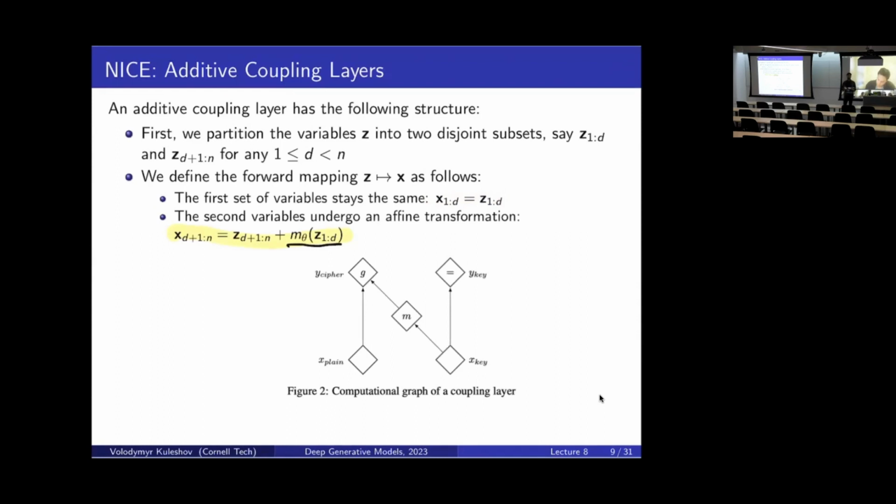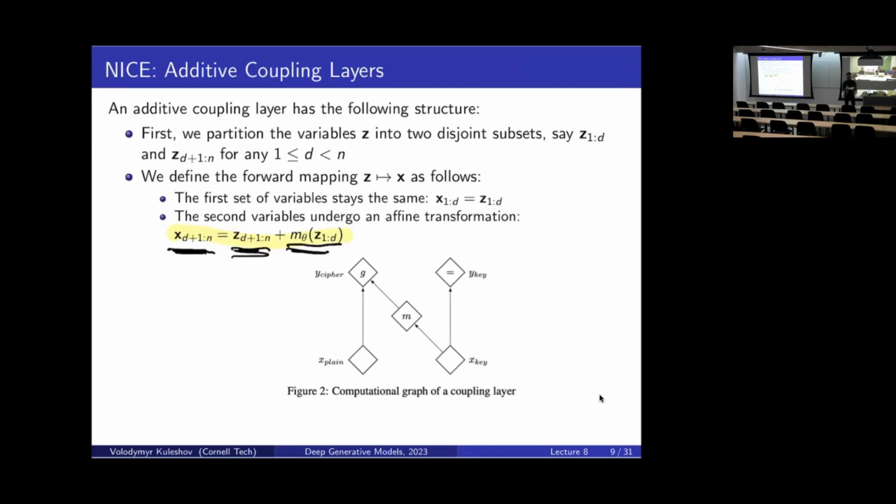So this is some transformation of the first set of variables. The output here is the output for the second set of variables. It receives the second subset of the input set of variables plus a transformation of the first subset of the input set of variables.